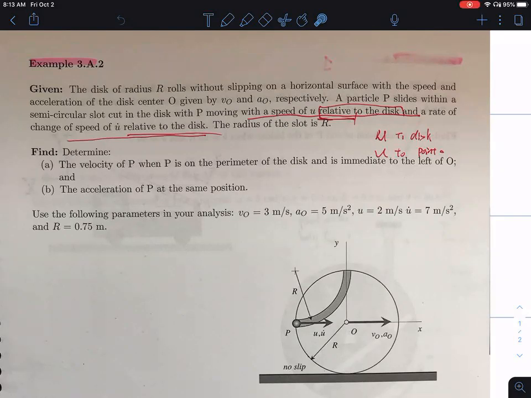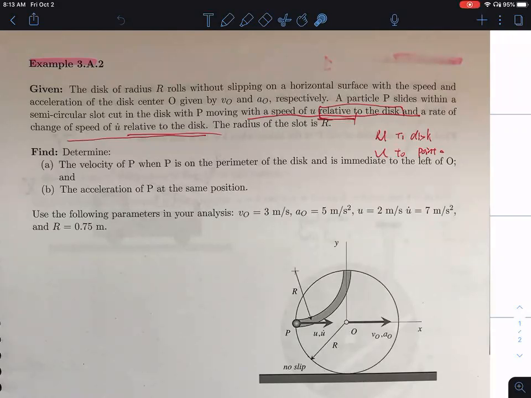In this problem, we know a disk, and we know the radius r. Keyword here: rolling without slipping. Let me know if I pronounce that word wrong. It's rolling without slipping on a horizontal surface. So which case is that?